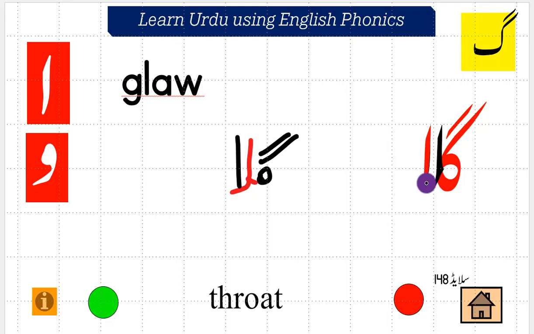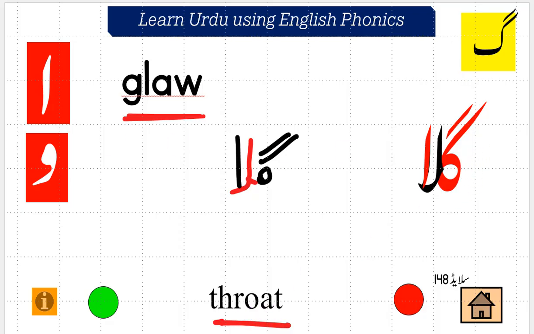The red ga, and this is the sound l, and this is the sound ga, l, ala, gala. So over here I have got the phonetic code gala, so you should be able to read this one. Gala in English, the translation is throat. So in English we say my throat is sore, and in Urdu we say mera gala kharab hai, theek hai. So that's the English meaning.